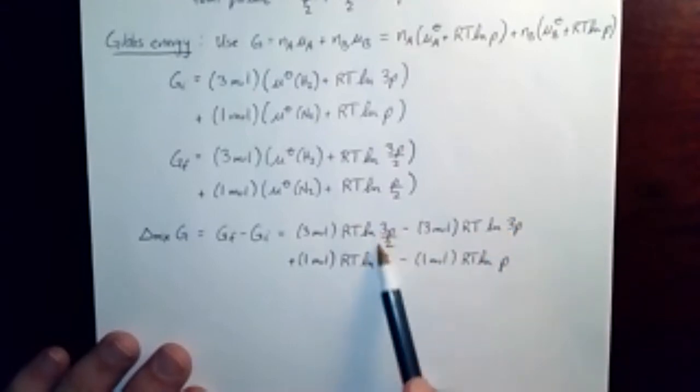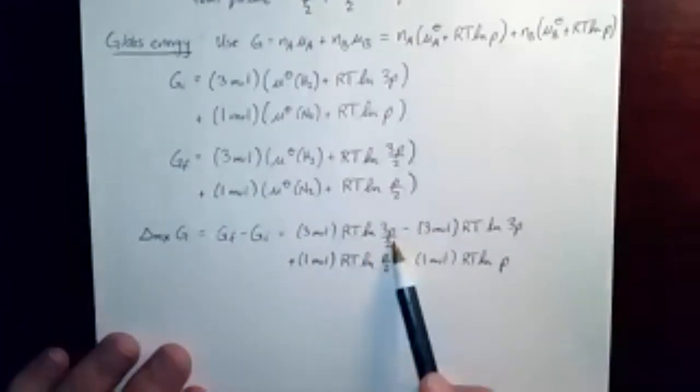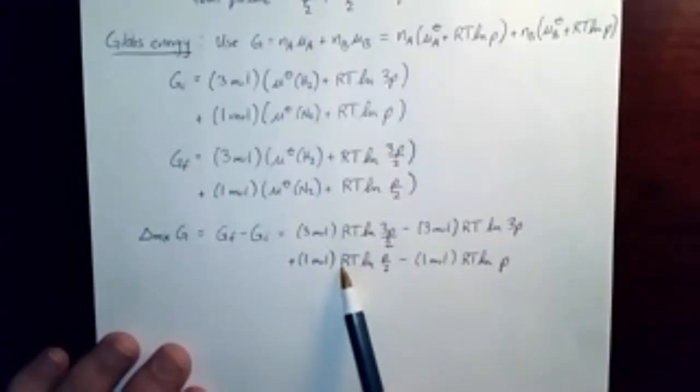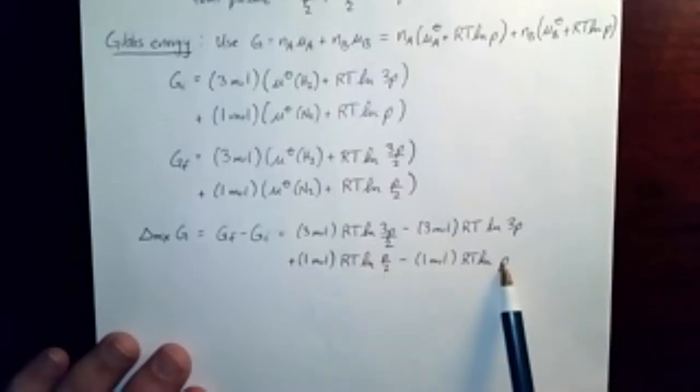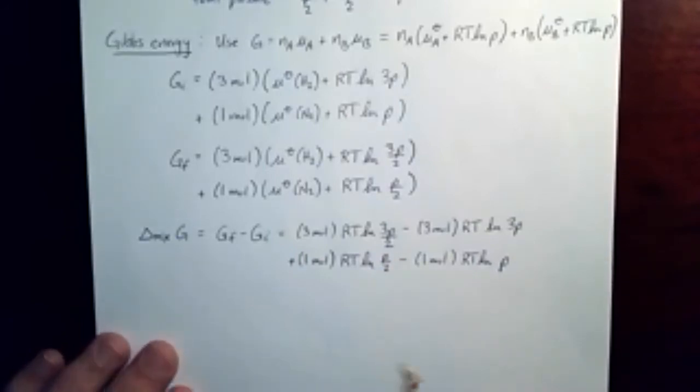When I combine the natural logs, the 3p is going to cancel, and I'm left with natural log of a half. Same thing happens down here. When I subtract this ln p from this ln p over 2, that's like dividing the argument p over 2 by the argument p, so the p's cancel. I'm left with ln of 1/2.